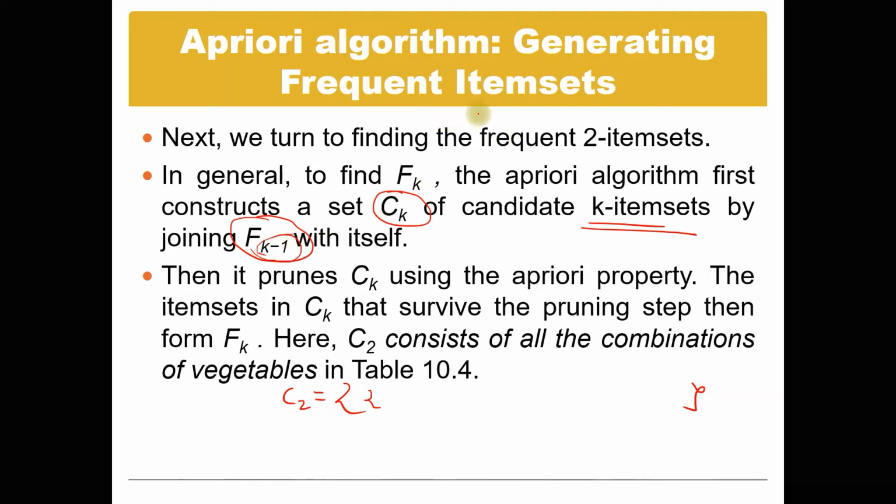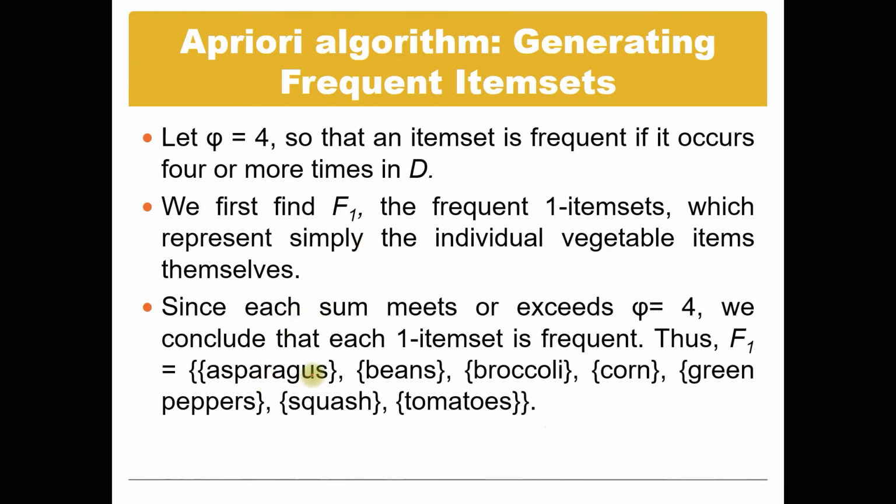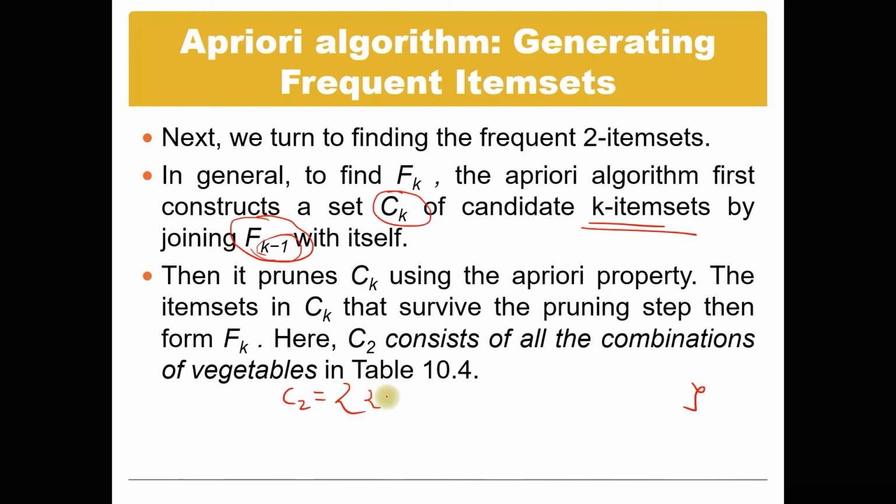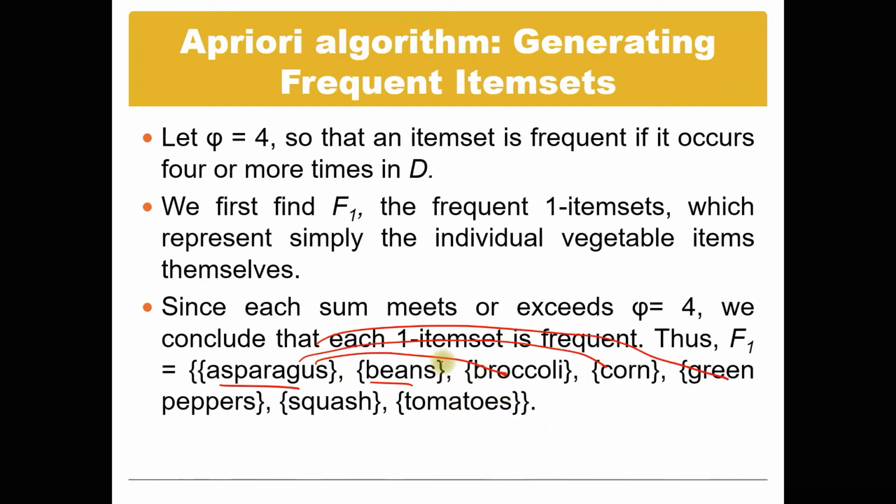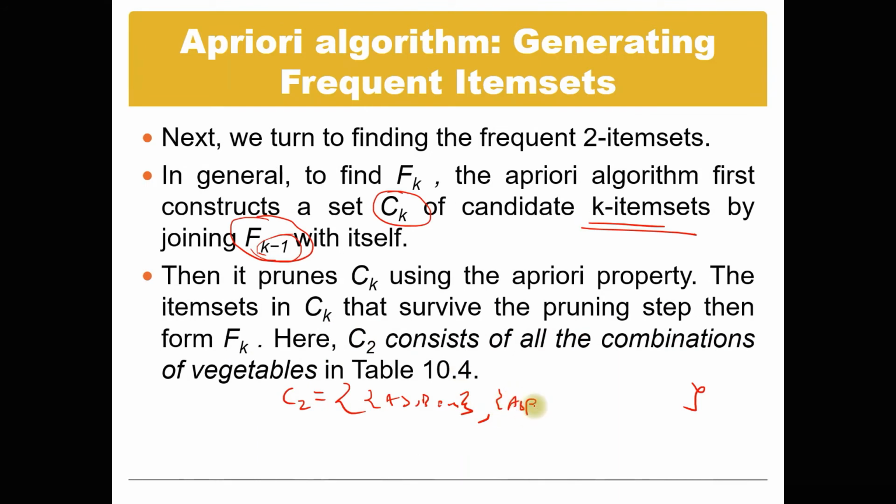So what we want to do is to take the different items that you have in F1 and join it with itself. An example would be asparagus bean, asparagus broccoli, asparagus corn, asparagus green pepper, asparagus squash, and asparagus tomato. That's one possibility that we have here. Just imagine asparagus bean, comma, asparagus broccoli, and this goes on.